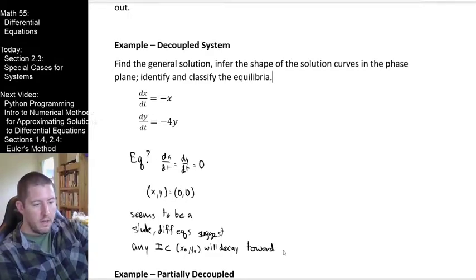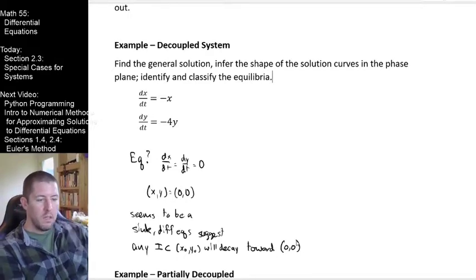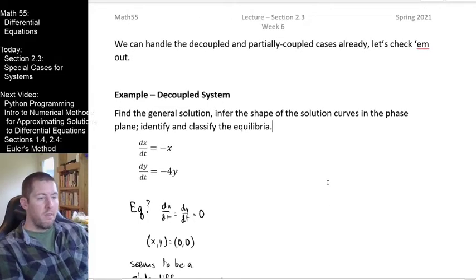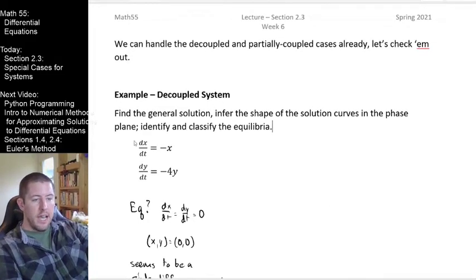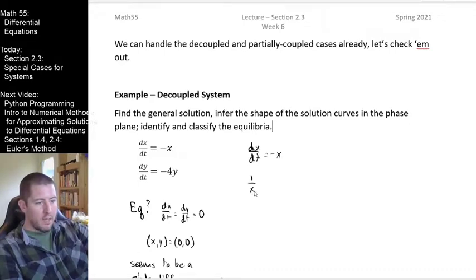So let's go ahead and see what we can do to solve these guys. The good news is that the dx dt equation deals only with x. So it seems like this is easily separable here. dx dt equals negative x. That means that we're going to get a 1 over x dx equals negative 1 dt.